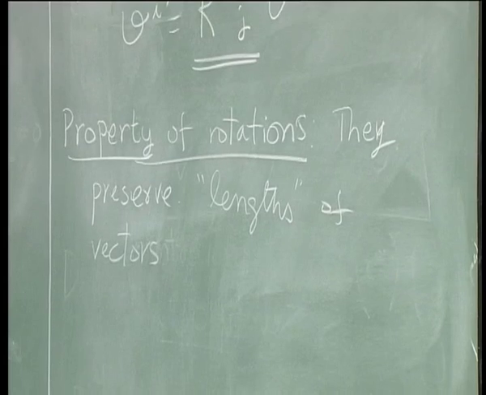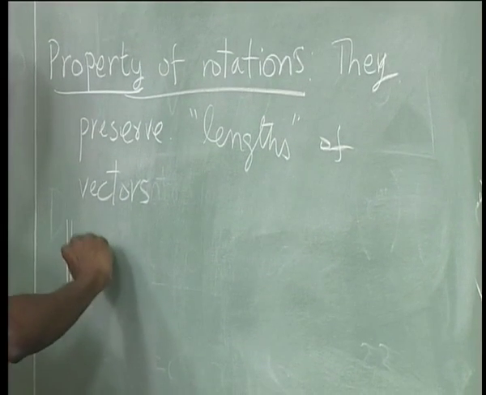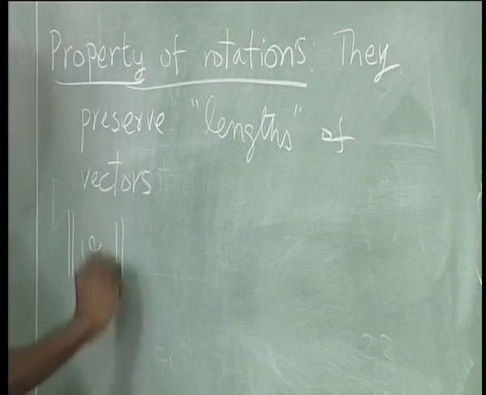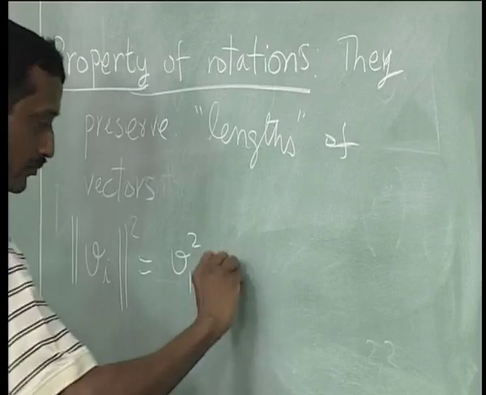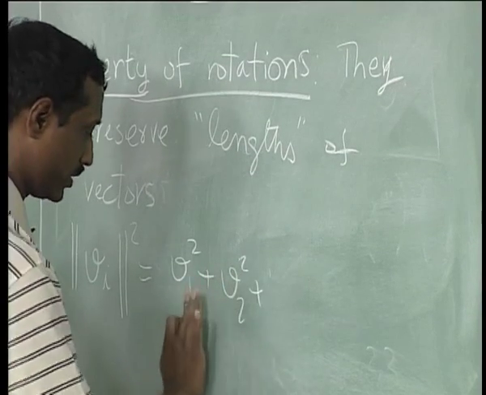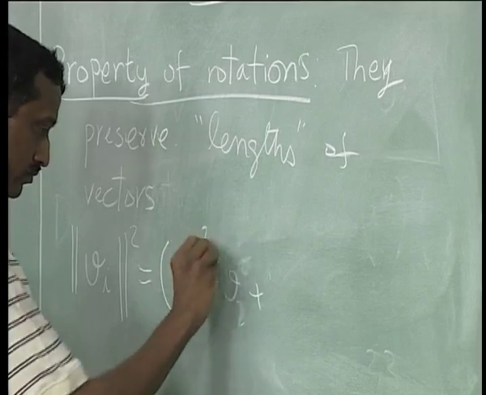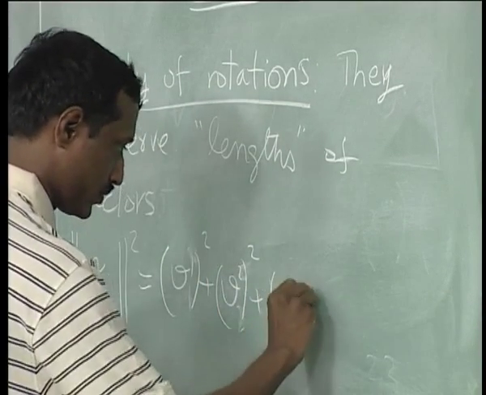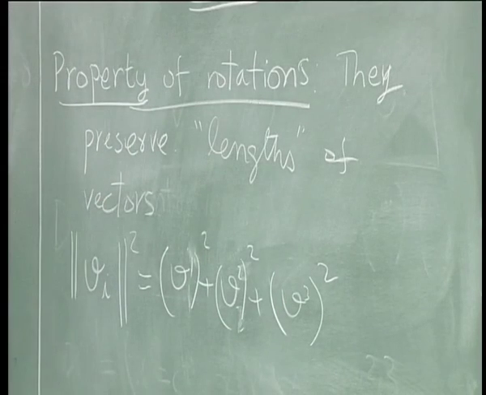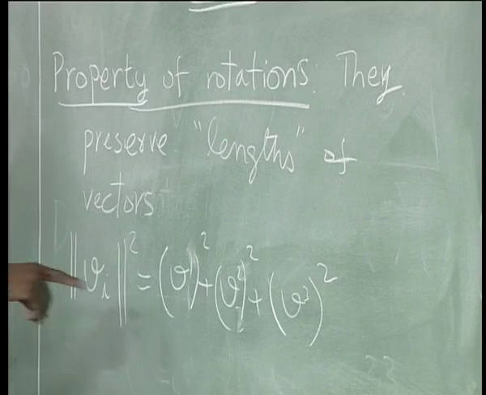So, if you give me a vector, how do you define its length? The normal definition of any vector is just the sum of all its components. But let us write it in index notation.